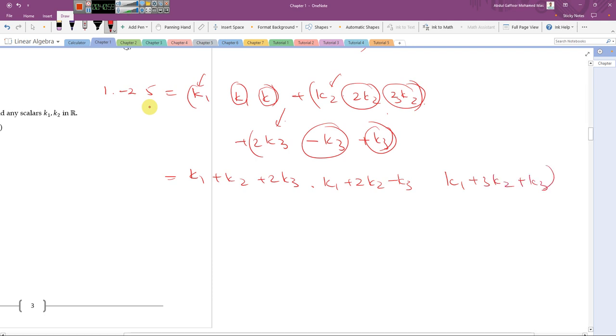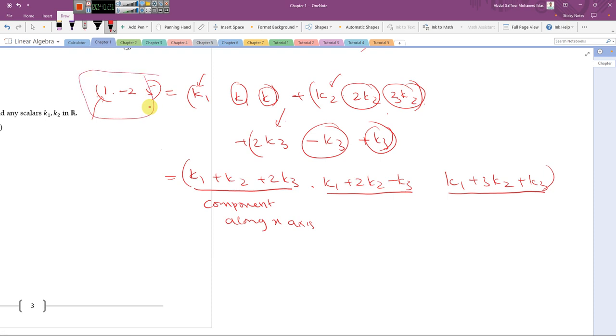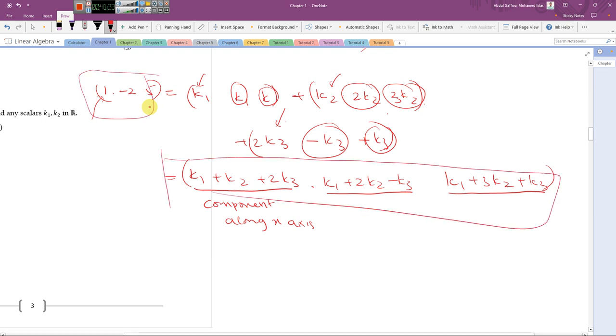Now if you look at this, this is the component along the x-axis, this is the component along the y-axis and this is the component along the z-axis. So again, this is the component along the x-axis, so I can equate: if this and this are equal, then this should be equal to 1, right?